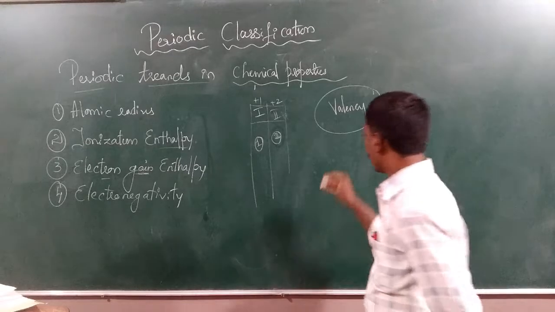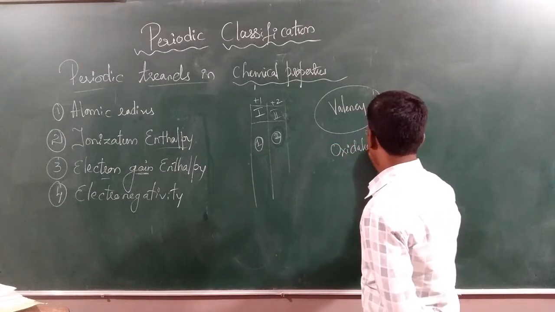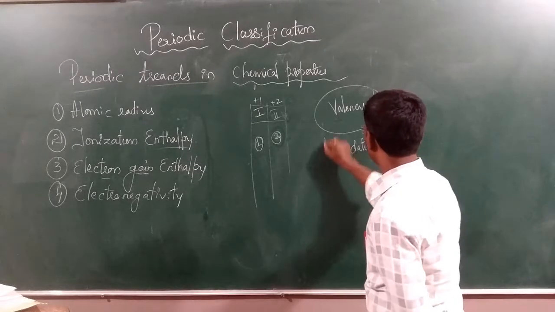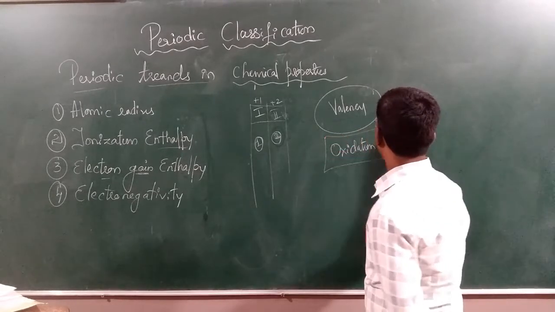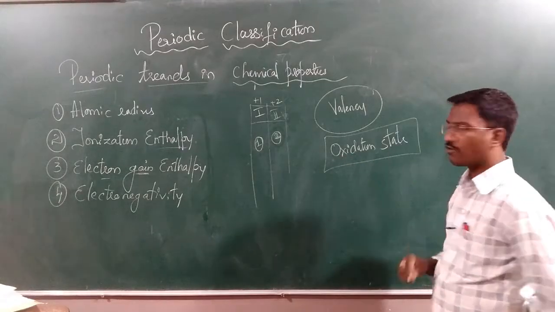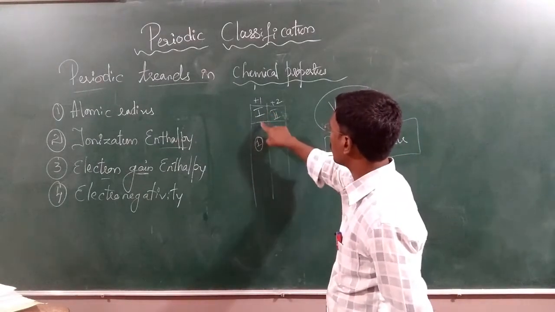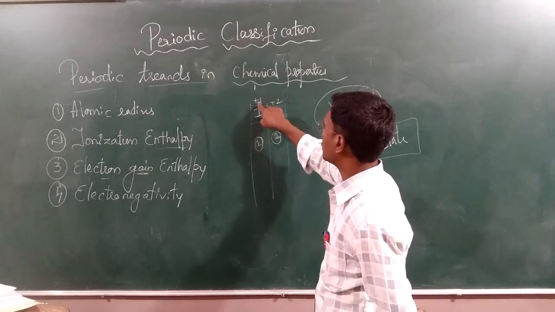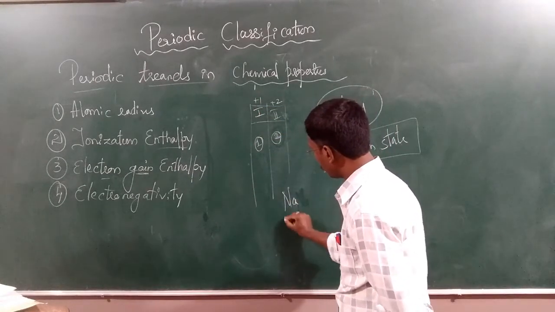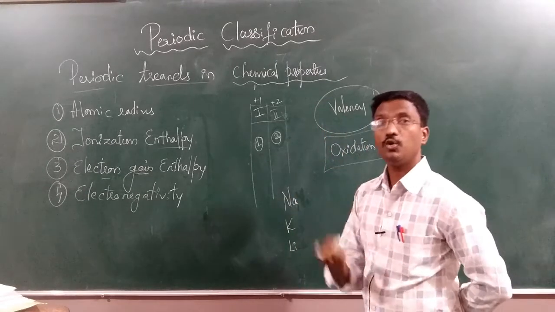Another one is oxidation number. Oxidation state, not number, we are going to call it, because oxidation number has another, different meaning. That's why oxidation state. What is oxidation state? The first group elements are going to lose that one electron. For that reason, they carry a plus one charge. For example, sodium, potassium, lithium lose one electron.